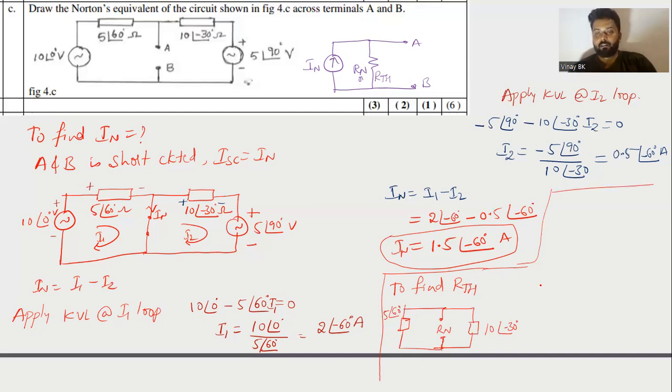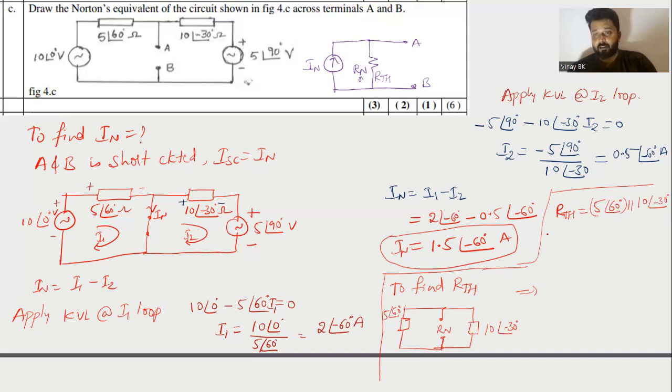I'll rewrite here. RTH is given by, so these two are in parallel. That is nothing but 5 at an angle of 60 degree in parallel with 10 at an angle of minus 30 degree.